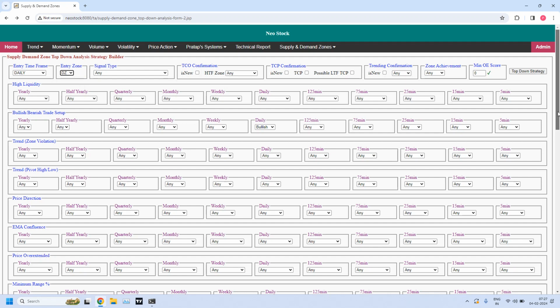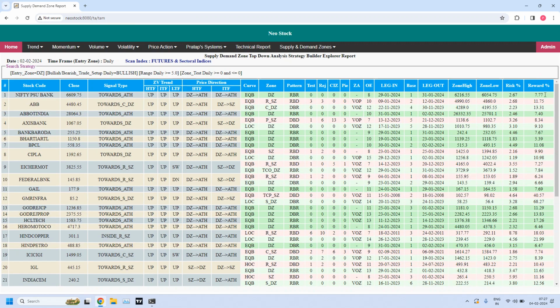If you don't set all these filters, even if the zones are fresh zones on the daily time frame, it could select either a demand zone or a supply zone. All the conditions should be applied to the demand zone. Now let me filter. I didn't set any parameter for stocks near the zone yet, but what are the parameters now?